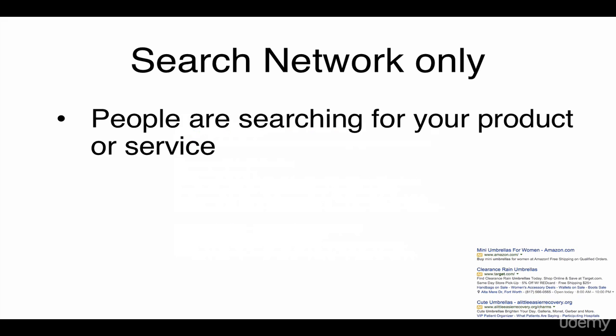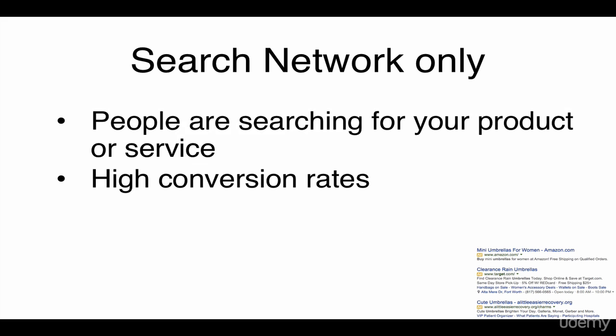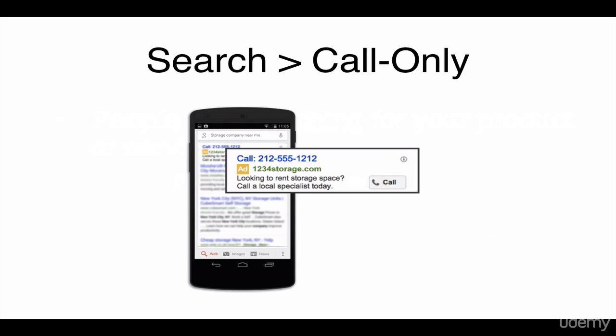So people are searching for a product or service, or at least some keyword that you've identified as being relevant to you. So often search network only campaigns have higher conversion rates than most other types of campaigns because people are in a searching or a buying intent right now. And like I said, this is often the bread and butter of accounts. So for most advertisers, you want to start with search network only campaigns.